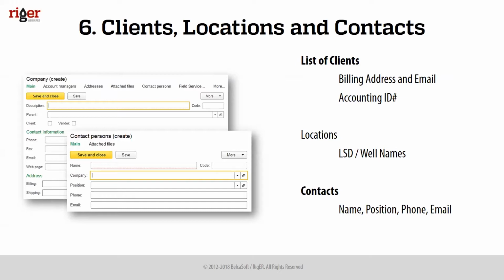So if you have a pad with multiple wells, the pad will be a location and the well will be a sub-location. And contacts, it's a company man where we have a name, position, phone, and email address, and some information which we'd like to track. And of course, we can have a history about clients, locations, and contacts. And this information needs to be in RigER when we start working with it.